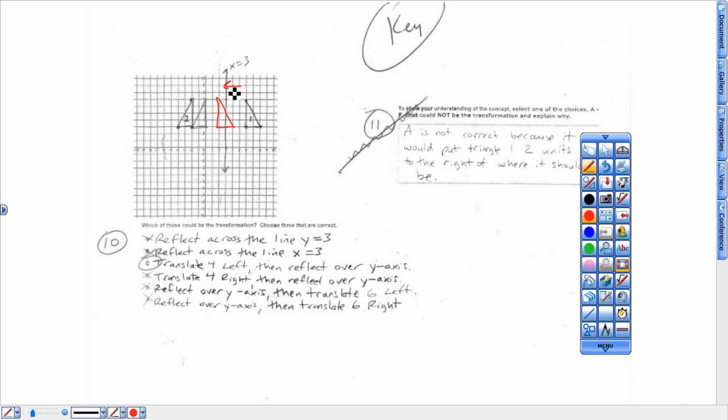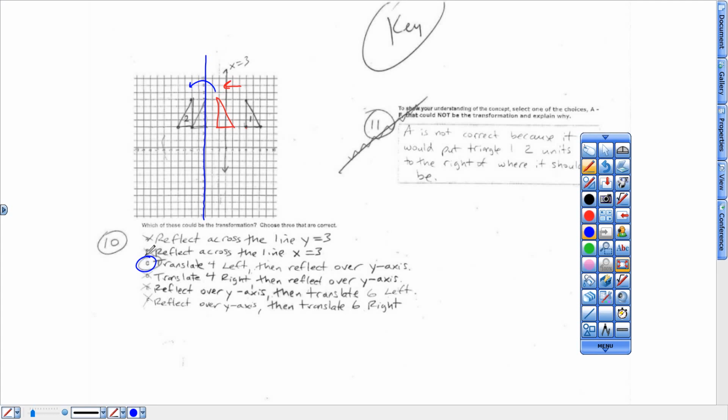And then I could see that after that, all I got to do now is reflect it over that y-axis. That one is the one that works only.